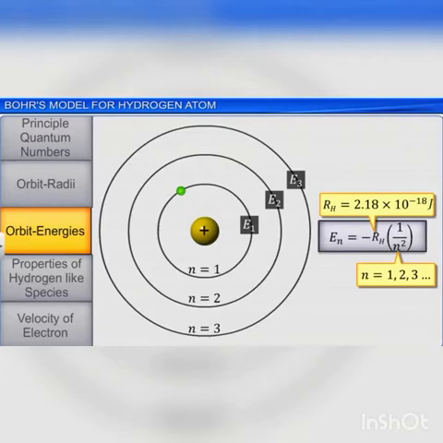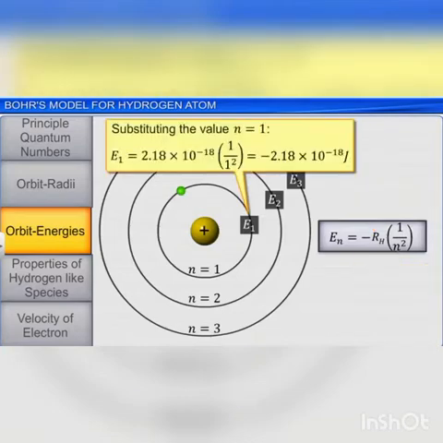Energy of the nth orbit of a hydrogen atom in electron volts is equal to minus 13.6 divided by n square. Thus, the energy of the ground state, n = 1, for hydrogen atom is equal to minus 2.18 multiplied by 10 raised to the power minus 18 joules.